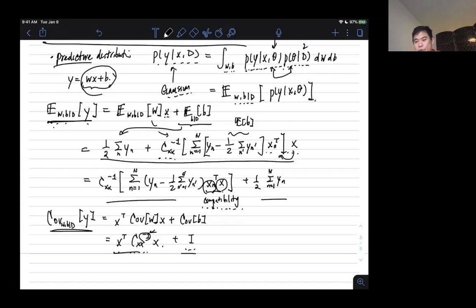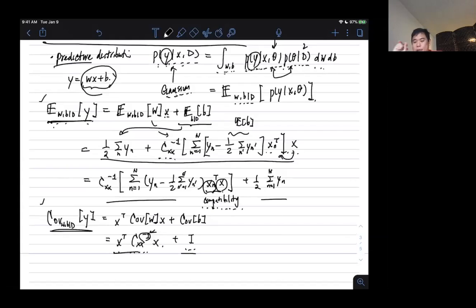That's an identity we get from the Gaussian distribution. And when you marginalize out some variables from a multivariate Gaussian distribution, the marginalized distribution is also Gaussian. That's another Gaussian identity. Because we know that this term is Gaussian, all we need to compute is the expectation and covariance of this y under this posterior distribution.